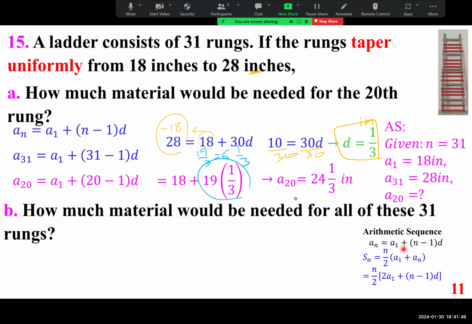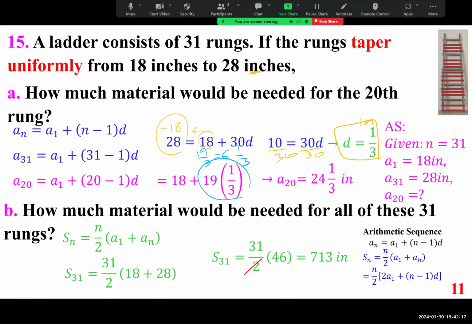So n is 31, A sub 1 is 18, A sub n is 28. 18 and 28 is 46. The 2 and 46 cancel, giving 23. 31 times 23 is 713. Don't forget the units. As always, if you're dealing with word problems where units are given, you want to give the answer back with proper units.